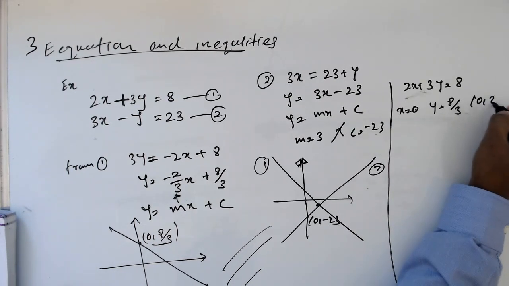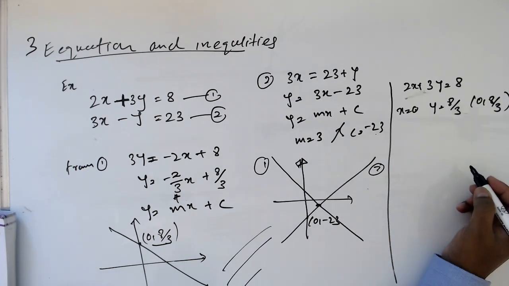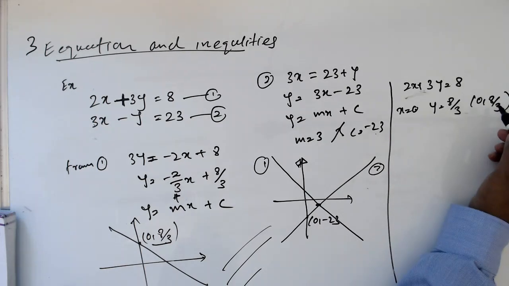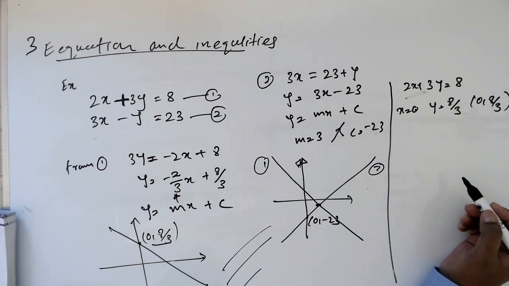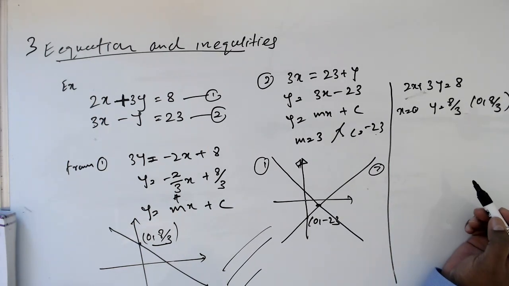But there's a small problem with this point, because 8 divided by 3 is a decimal answer.